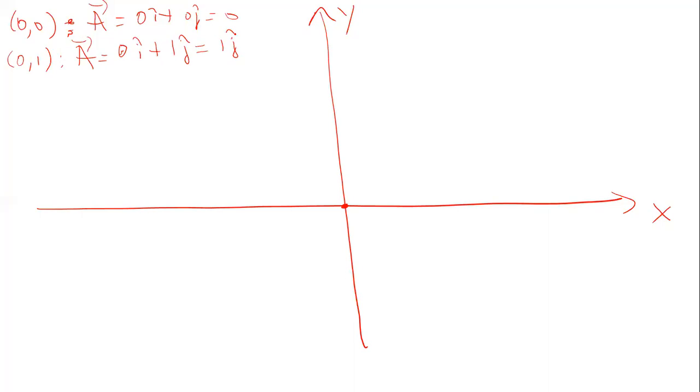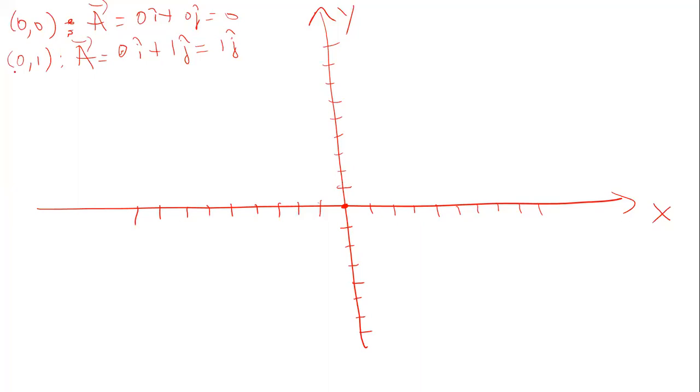So what is 0, 1? Let's say we mark 1, 2, 3, 4, 5, 6, 7, 8, 9 on each axis.